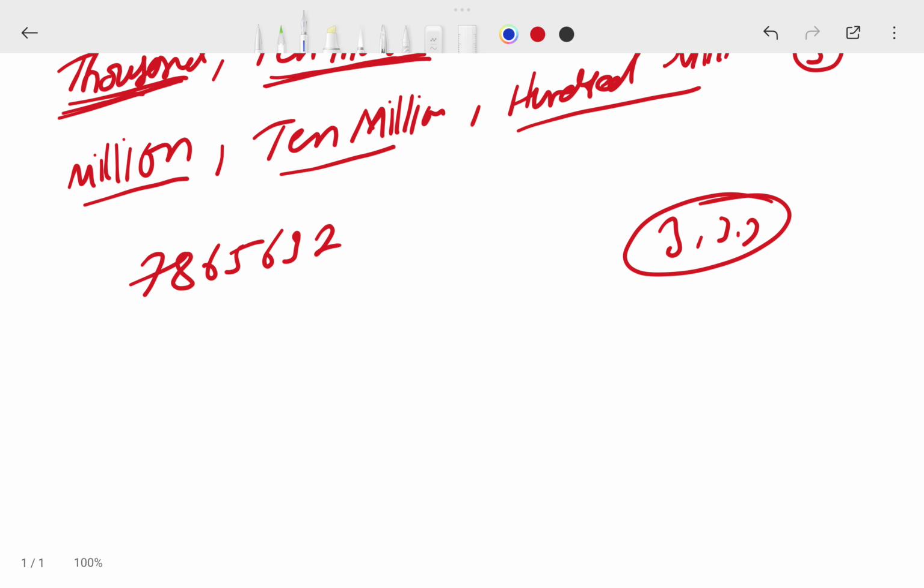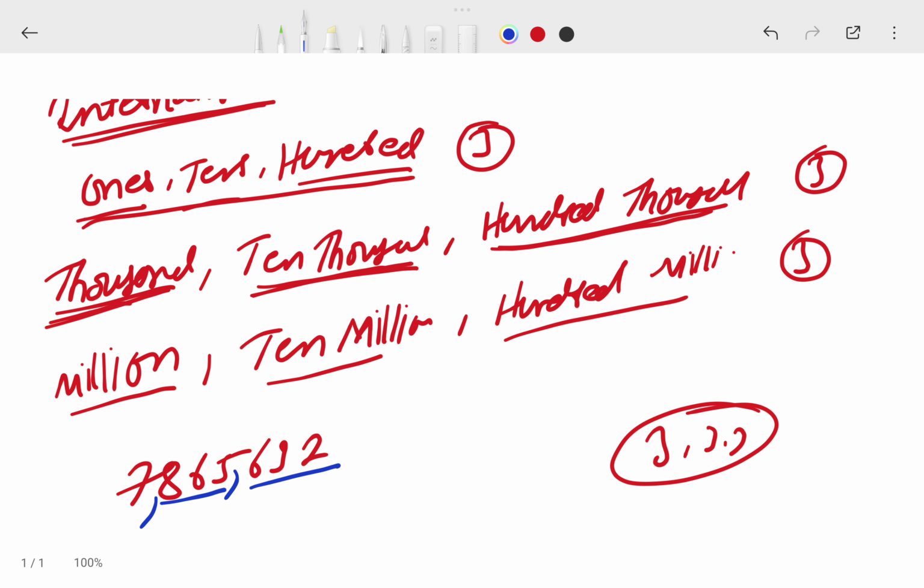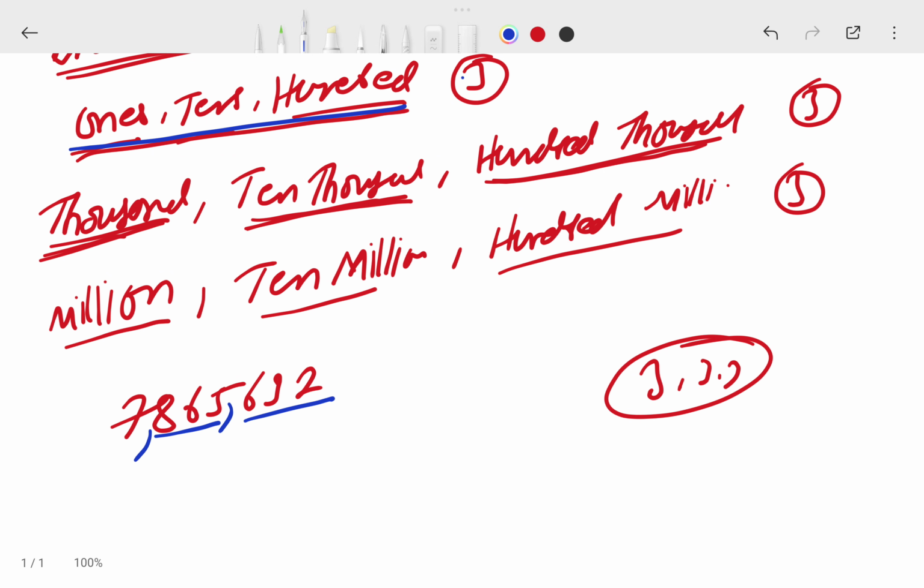Why? Because ones, tens, hundreds are 3 digits. Thousands come 3 times: 1000, 10,000, 100,000. Million, 10 million, 100 million, again 3. So that's why 3.